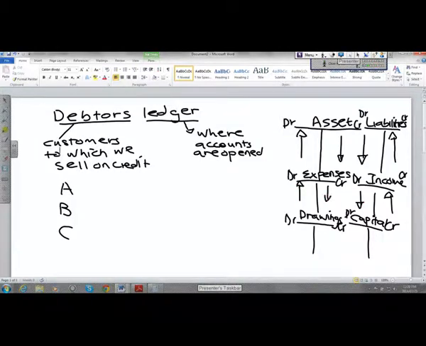Drawings increase on the debit and decrease on the credit, and capital increases on the credit and decreases on the debit. The reason I like putting them in this sequence is that these follow the same pattern, and then these three follow the same pattern. This is in line with our magic formula: assets equals equity plus liabilities. So you've got assets, you've got liabilities, and all these four are elements of equity.